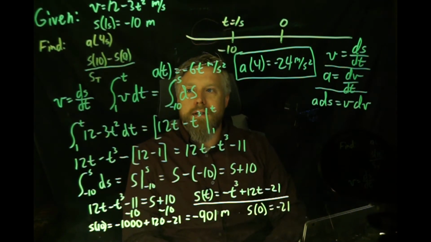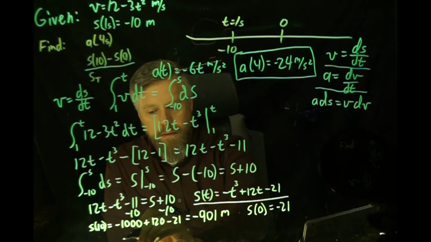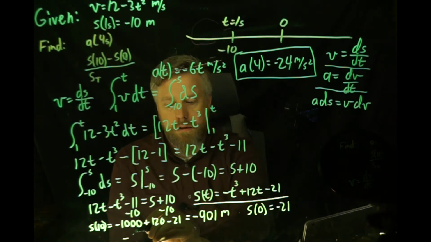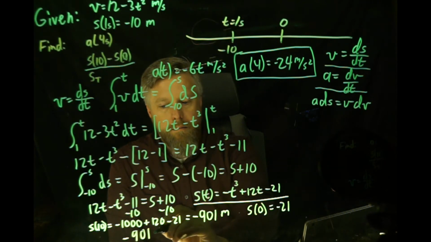OK, so the displacement from s of 10 to s of 0 would be negative 901 minus negative 21.